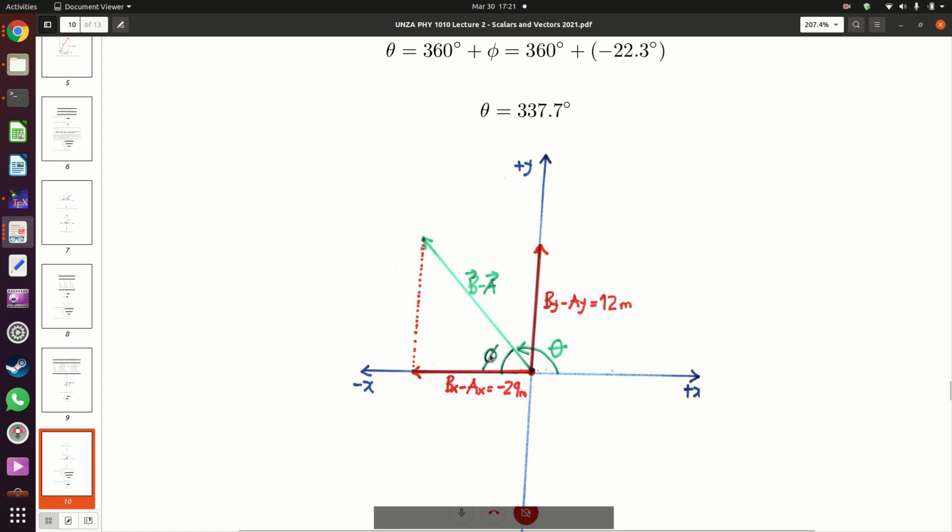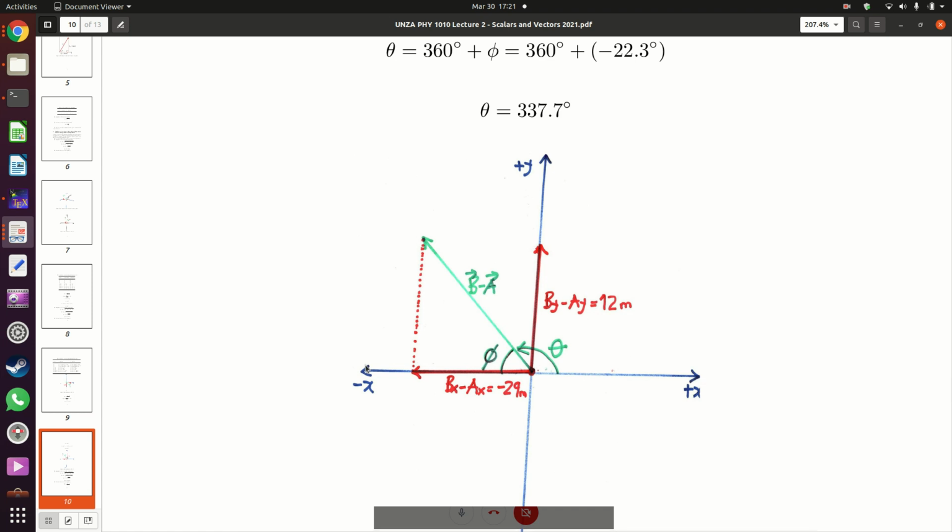In our case, phi is measured from the negative x-axis, moving clockwise. Since we are moving in a clockwise direction, you expect phi to come out negative. The other thing to note is that theta plus phi should end up with 180 degrees.